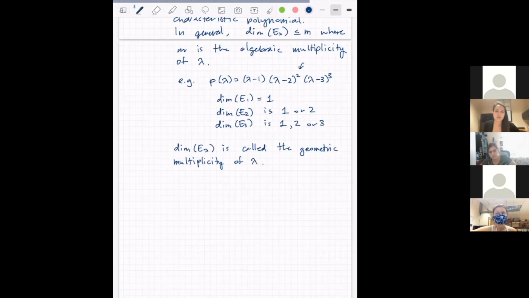So it's related to how large the eigenspace actually ends up being, whereas the algebraic multiplicity comes straight from the polynomial, right? Okay, we won't get into this too much. I just thought I would mention it since it's good to know. So it's nice to know these things so you can double check that your answer makes sense, right?